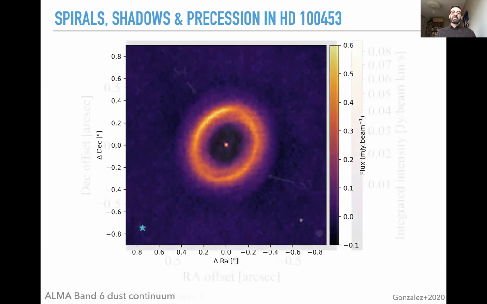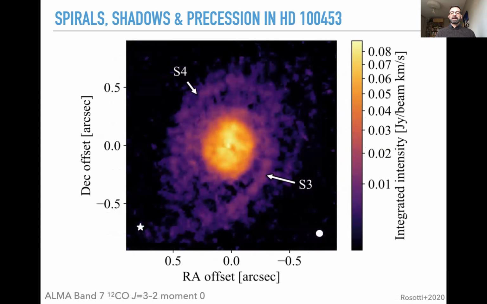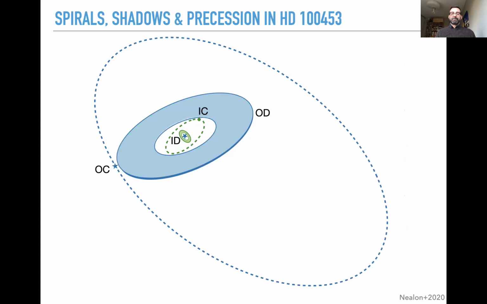And finally, the emission from the CO gas in this moment zero map reveals two large-scale spiral arms, and the overall emission of the CO gas extends all the way to the secondary star. This casts doubts about the previously accepted hypothesis that the orbit of the secondary star was close to coplanar and circular.